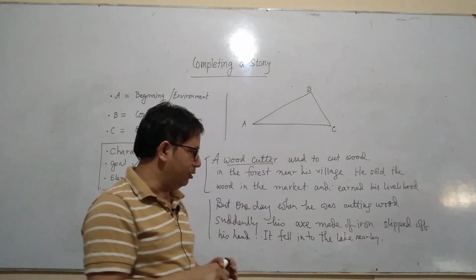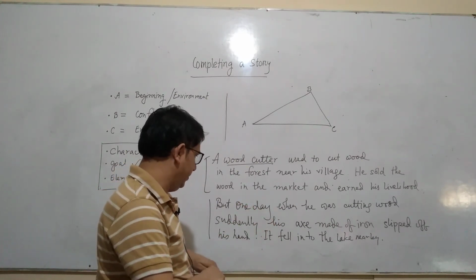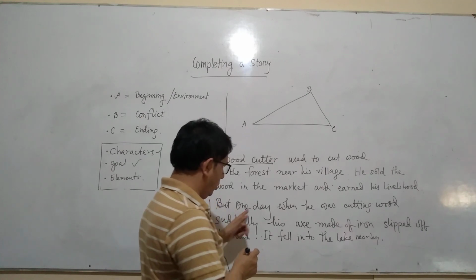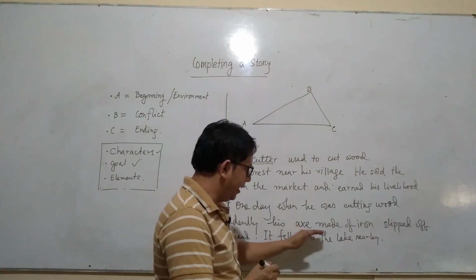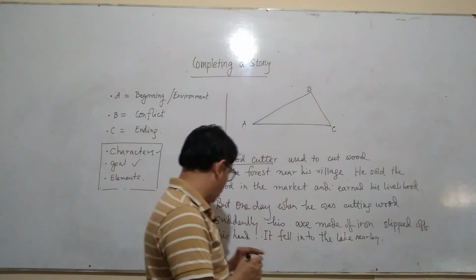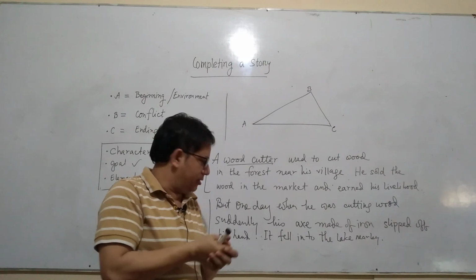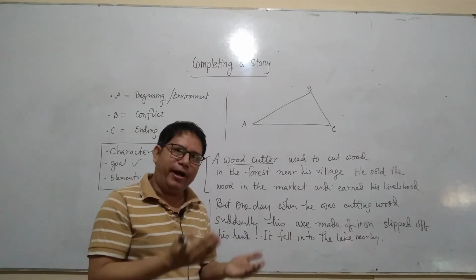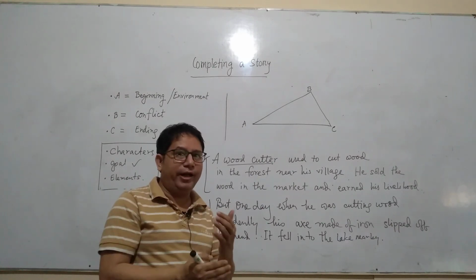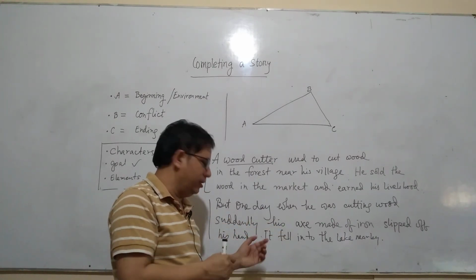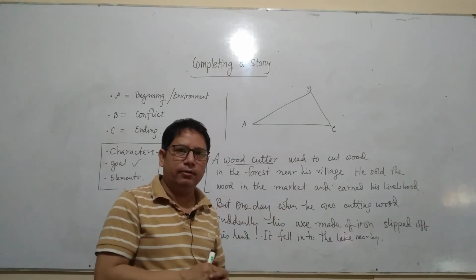Then there's something lacking in the story. That means one day when he was cutting wood, suddenly his axe made of iron slipped off his hand. So what happened? His axe slipped off. It might be on the ground. No, we have to create another situation for this, because his axe fell into the lake.